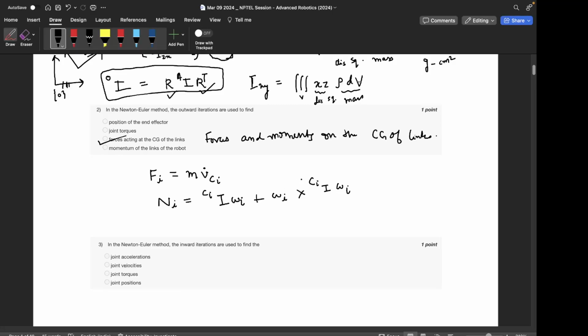This Ci here is important to note: Ci is the reference frame at the center of mass. So you see that reference frames are very crucial.